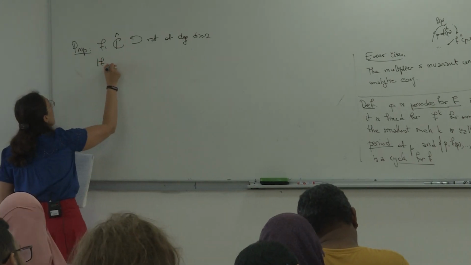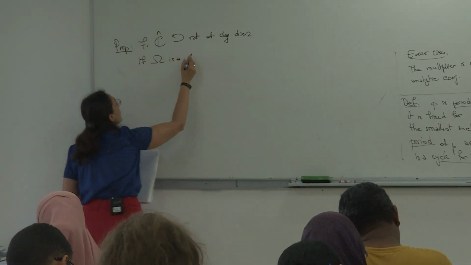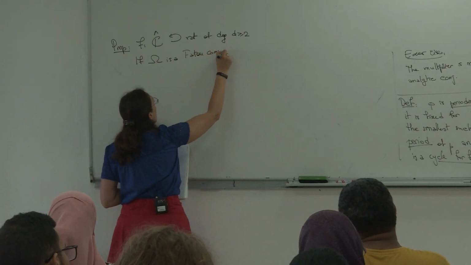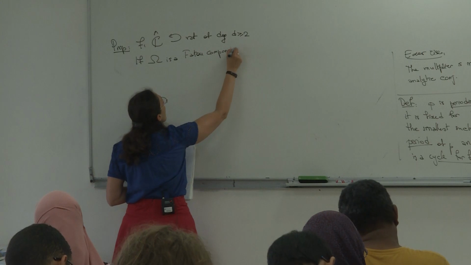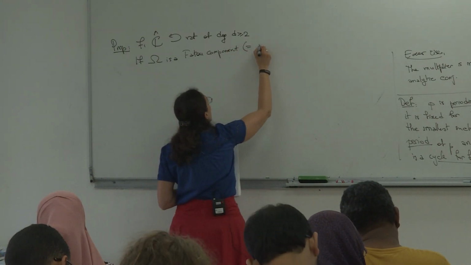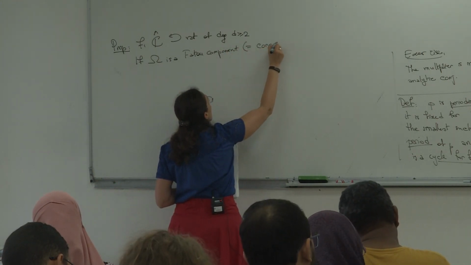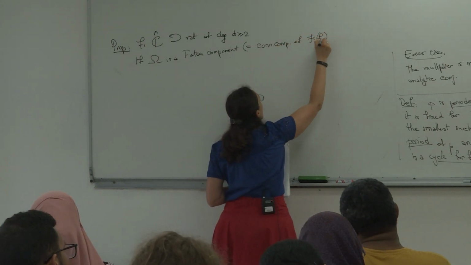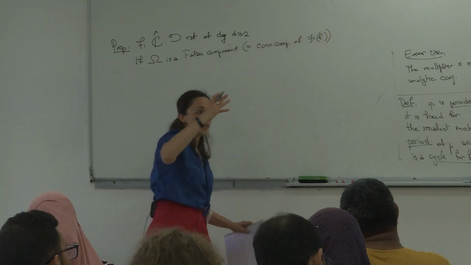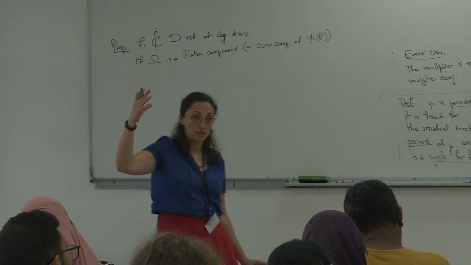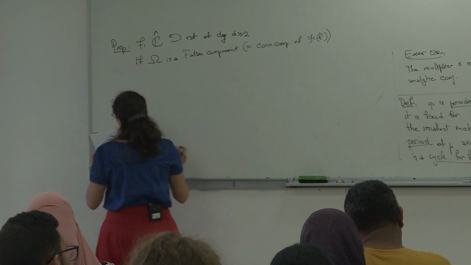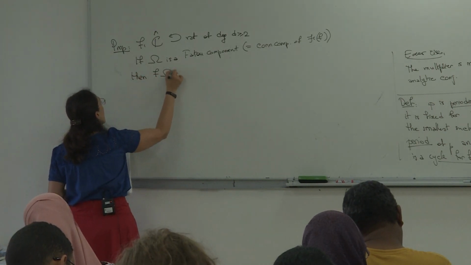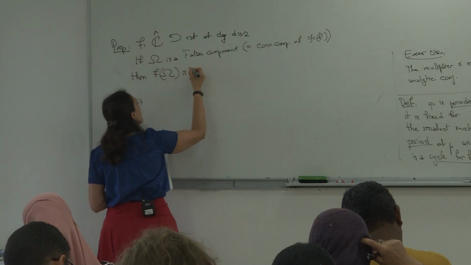If omega is a Fatou component, remember, these are connected components of the Fatou set, because we saw that the Fatou set doesn't need to be connected, then f of omega is a Fatou component as well.